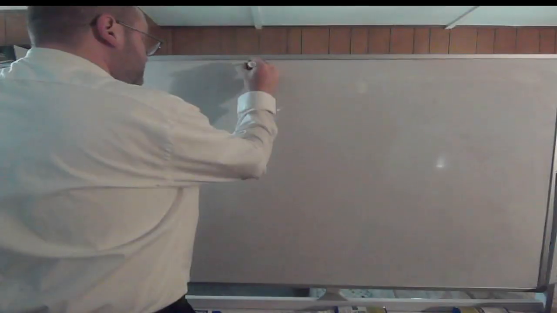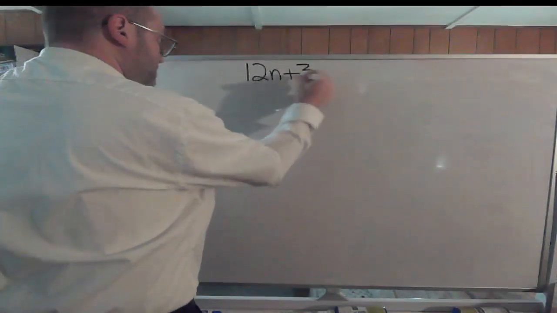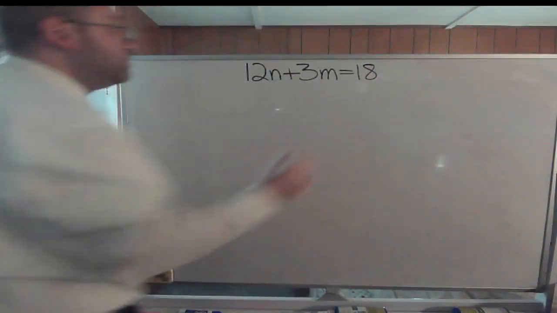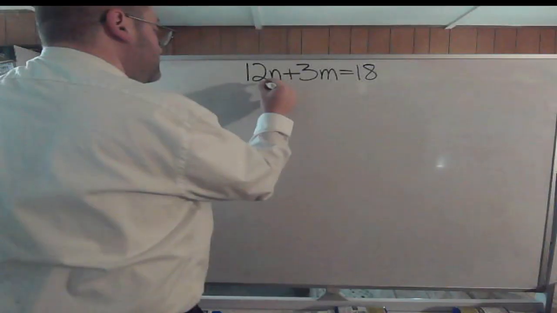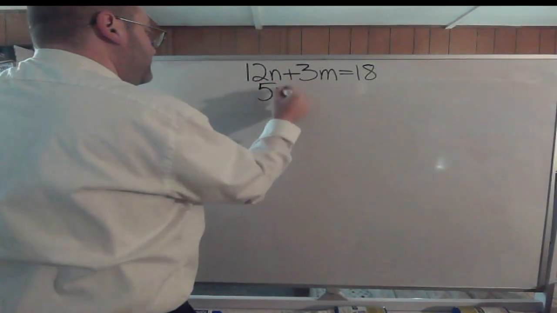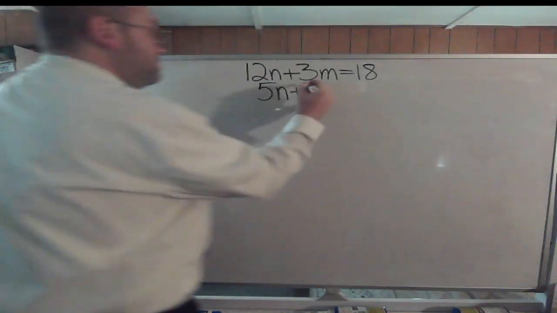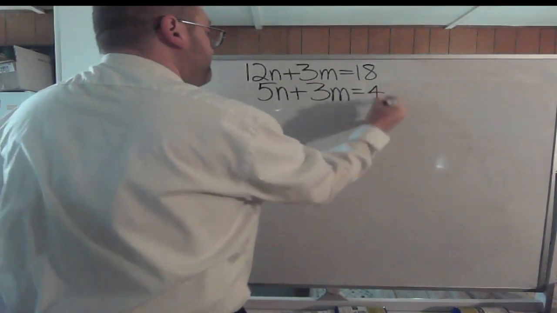Let's see, we got 12n plus 3m equals 18, and 5n plus 3m equals 4.